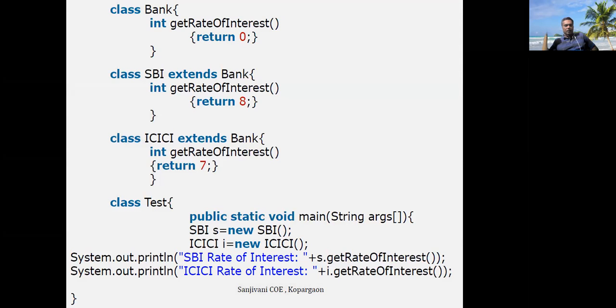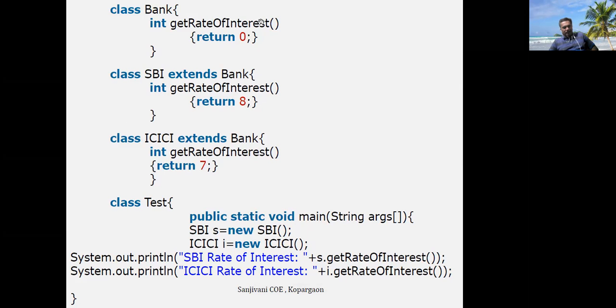Here, three classes are defined. One is the Bank class, the next one is the SBI class, which extends the Bank class, and the third one is the ICICI class, which extends the Bank class. From one class we can extend two classes; that is, hierarchical inheritance is defined here.